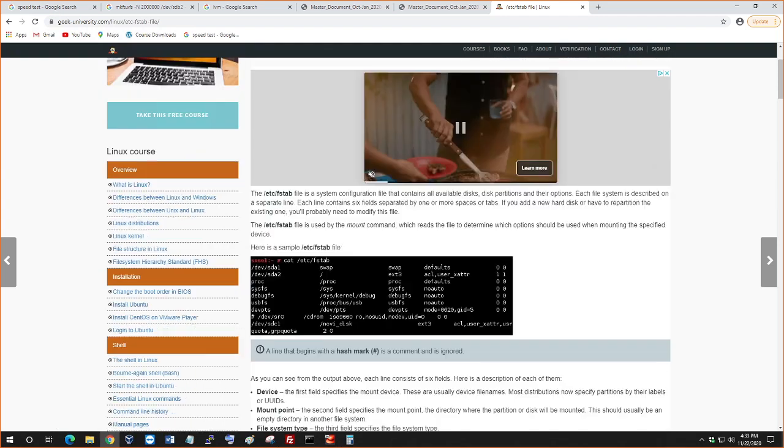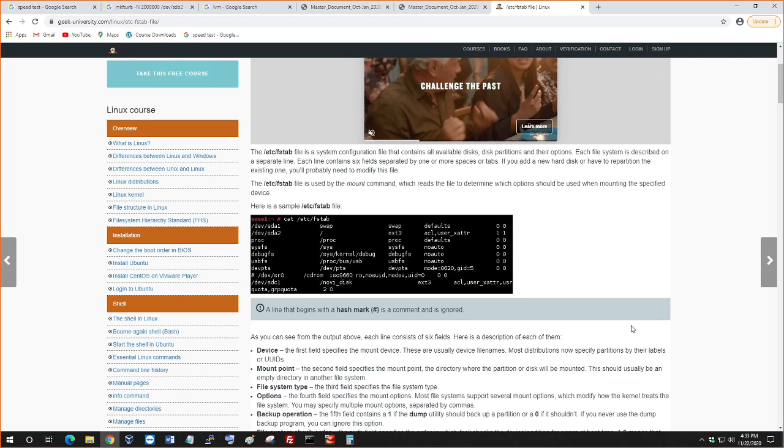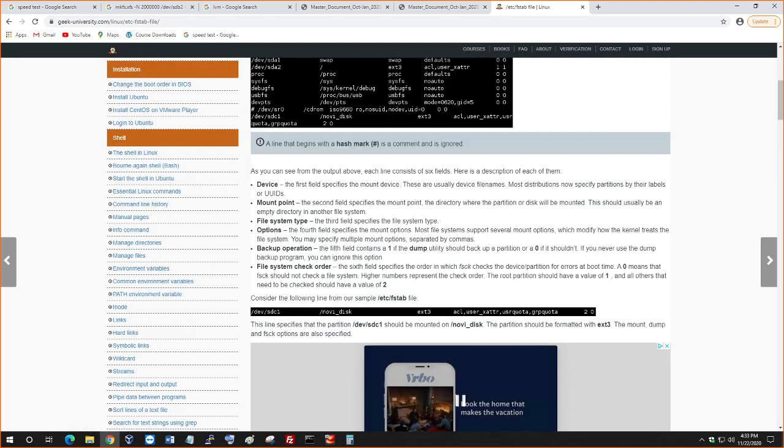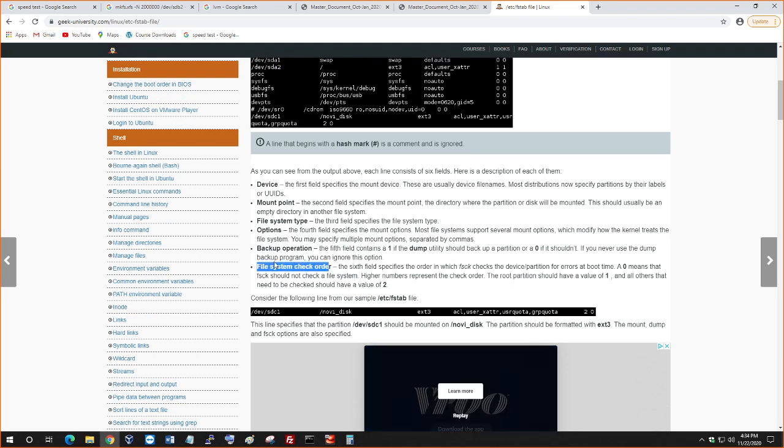Let's see what this is. A line that begins with a hash is a comment. The device is the first field. The second is the mount point, then the file system type. The fourth field I'll show you later, when we do NFS. The last one is the file system check order, the sixth field.